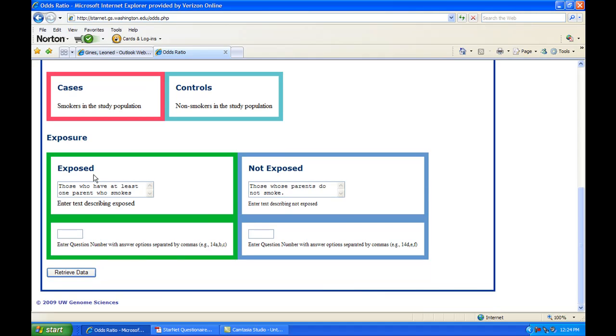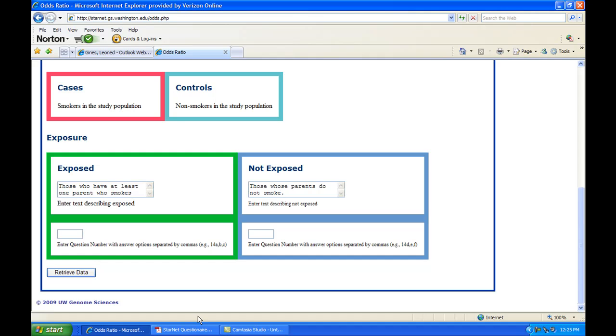Below each little box here, so below the exposed box, it tells you to enter the question number with answer options separated by commas. Basically what it's asking you to do here is to enter the question and answer choices that reflect what you just typed in for the exposed. In this example, the exposed are the people who have at least one parent who smokes.